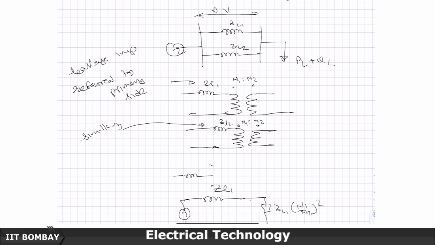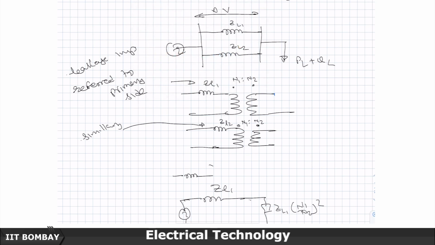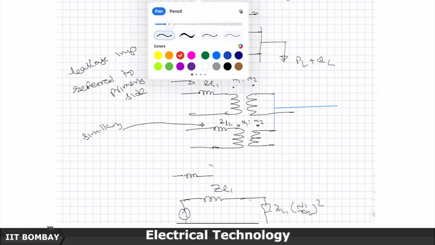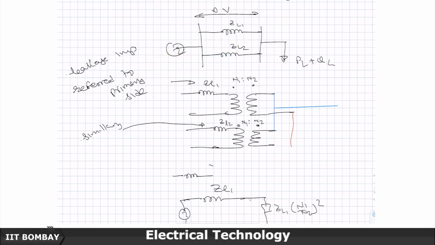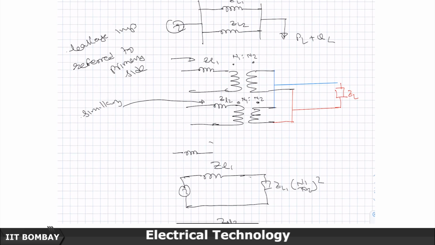What we are having, when we show them as parallelly operating, is that this is connected together and taken out as 1, and this is connected together and taken out here, and then a load is connected here.